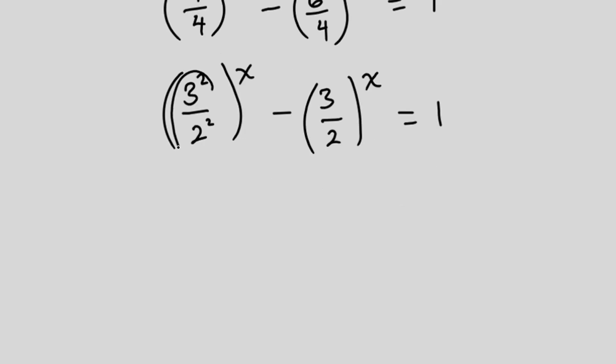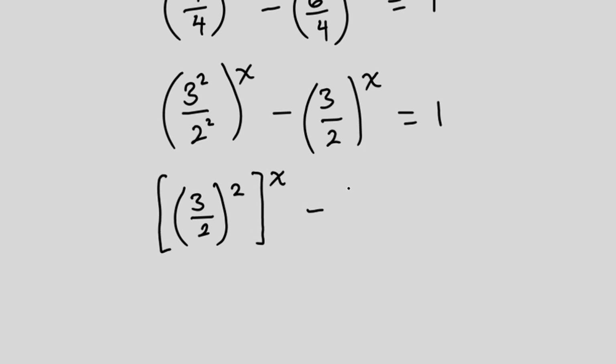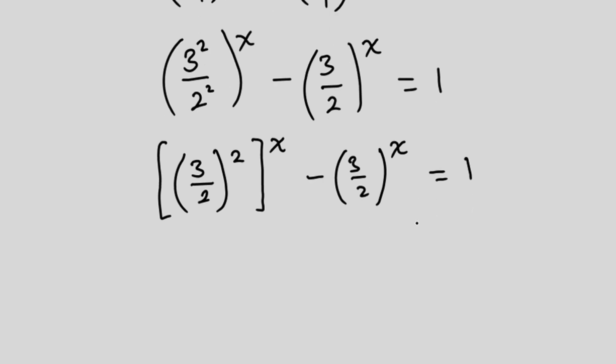Considering the whole of this one just like we did before, this could be written as 3 divided by 2 all to the power 2, then all to the power x, minus what we have here, 3 divided by 2 all to the power x is equal to 1.